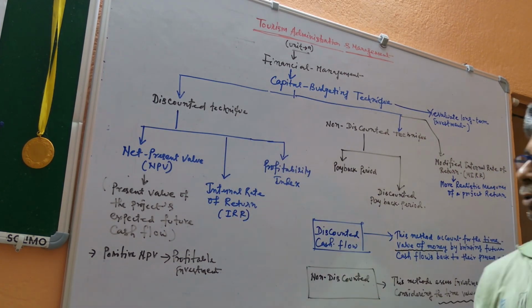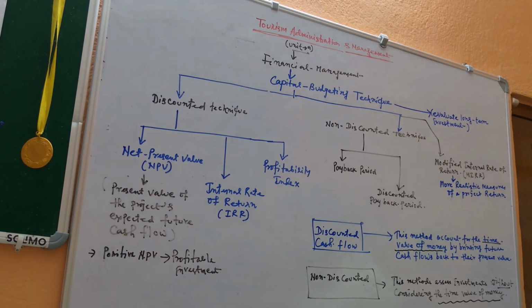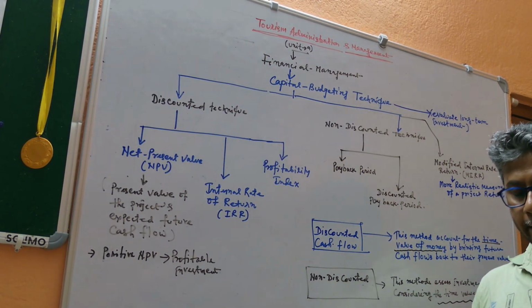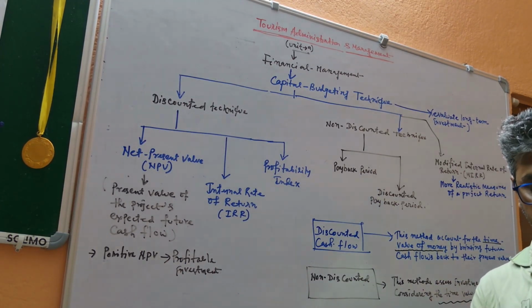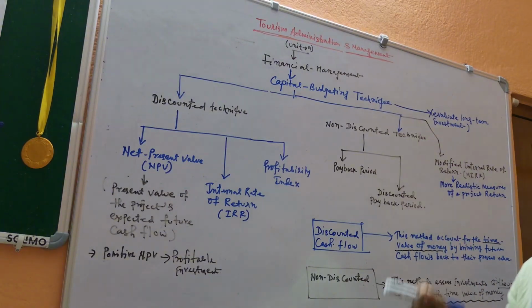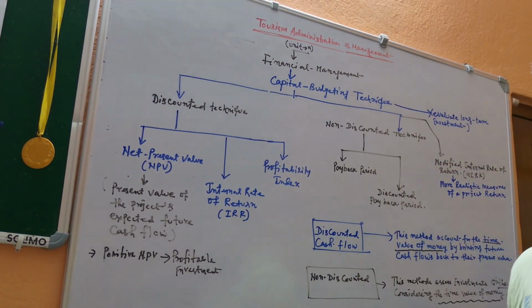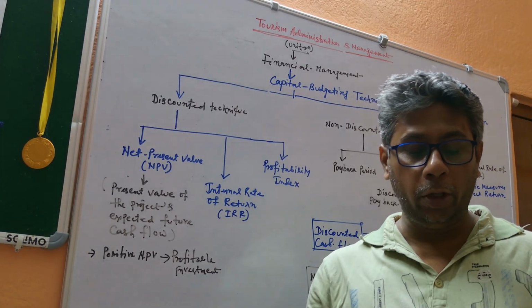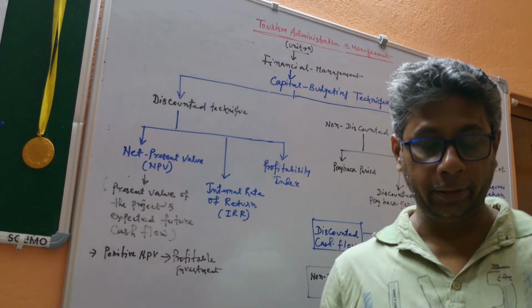The second important technique of the discounted method is the internal rate of return. What is the internal rate of return method? Internal rate of return, IRR, is the discount rate that makes the NPV of a project equal to zero, representing the project's effective rate of return.